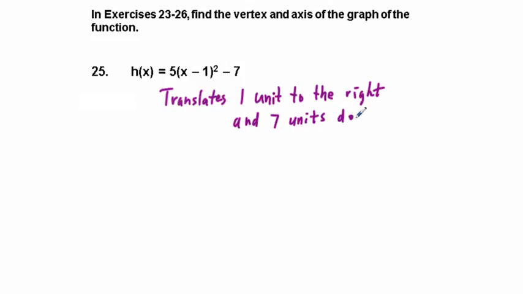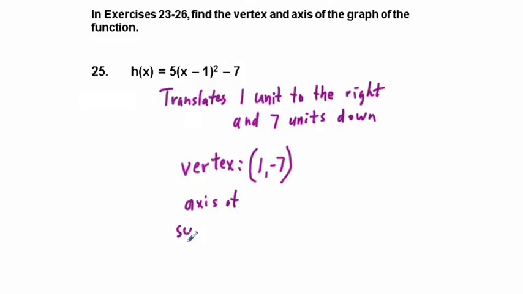So for this one, we're going to have our vertex at the point (1, -7), and our axis of symmetry is going to be the equation x equals 1.